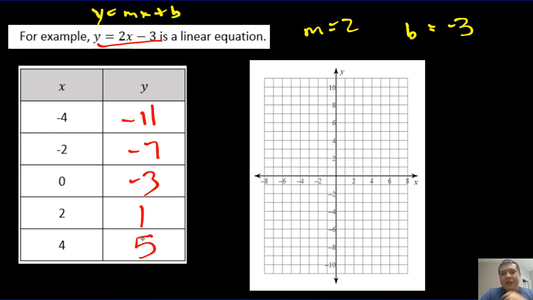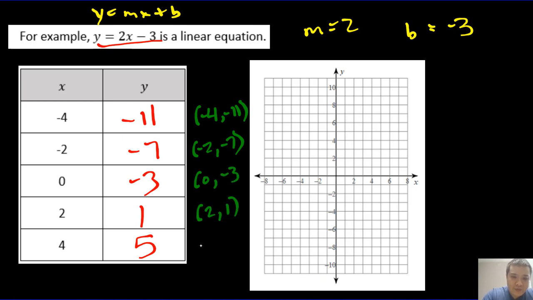So what these are, these are all different points on this line on the graph. So these are all coordinate points. So negative 4, negative 11. Negative 2, negative 7, 0, negative 3, 2, 1, 4, 5.